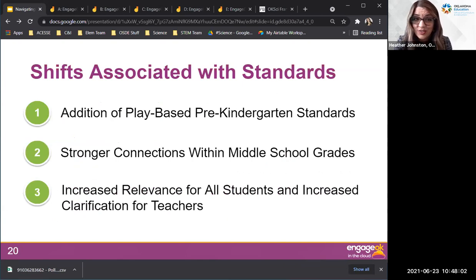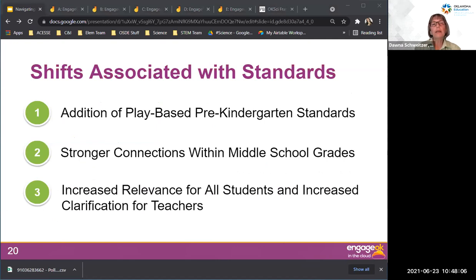And Donna is going to talk about what did change. Okay, there were many shifts that were associated with the new standards, and most of those came about in the fall of 2019. We started having stakeholder meetings because we wanted these standards to be representative of what teachers and educators in Oklahoma wanted.